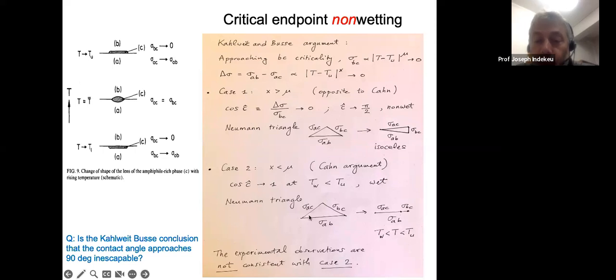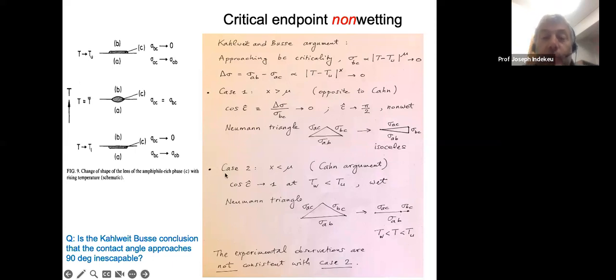In this case, the Neumann triangle will collapse, as we know, before we reach the upper critical endpoint. Now, interestingly, the experimental observations of Carlwright and Busse in the particular system under consideration, approaching either the upper or the lower critical endpoint, are not consistent with case 2.